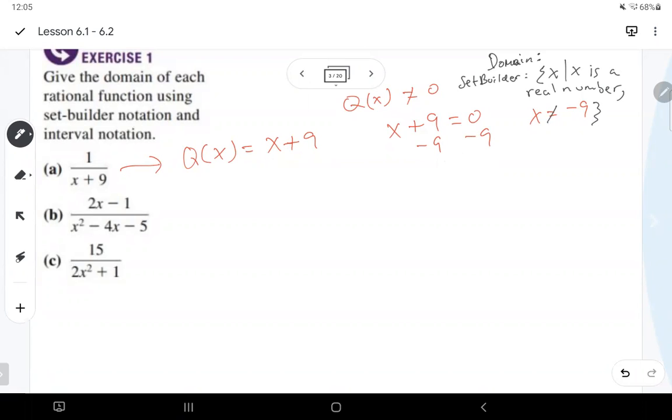Okay. And then for interval notation, we would have from -infinity to -9, union with -9 to positive infinity. Because we can be really, really close to -9, but we cannot equal -9.